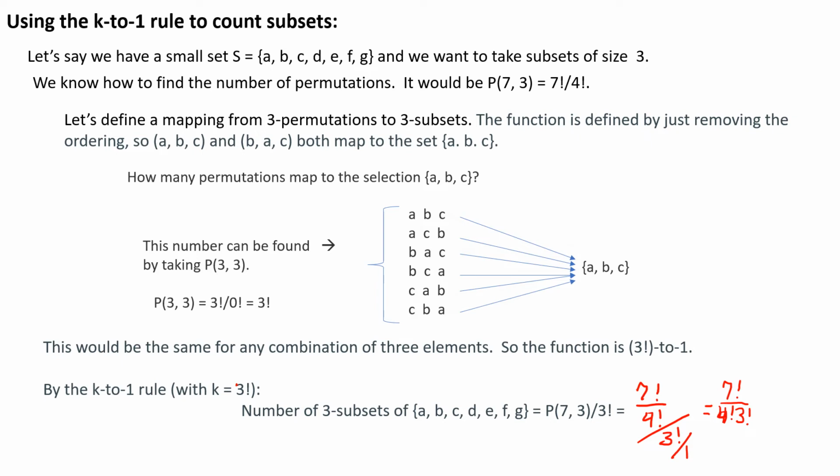So that would be the number of 3 subsets, meaning subsets of size 3, of this 7-element set.